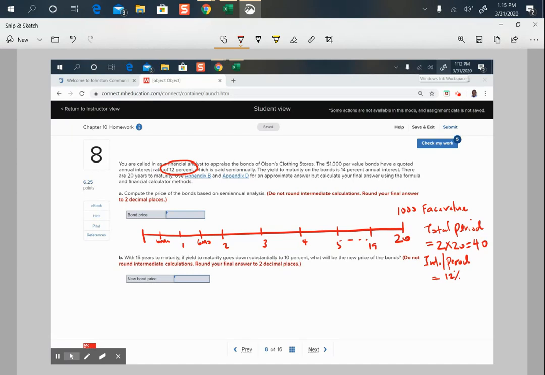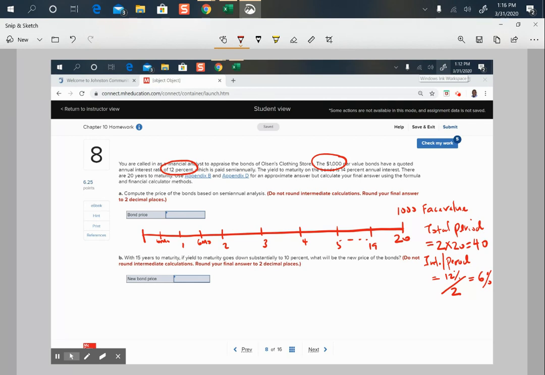Again, we have two periods, and therefore your interest per period is going to be 6%. Then we can now identify how much that interest payment is every 6 months. So we just have to use our rate per period here, which is 6% of the face value of the bond. The bond is being sold for $1,000. Oh, no, the bond has a face value of $1,000.